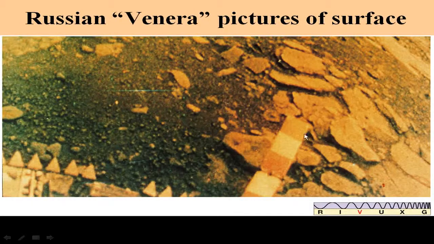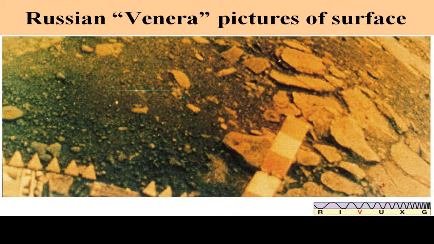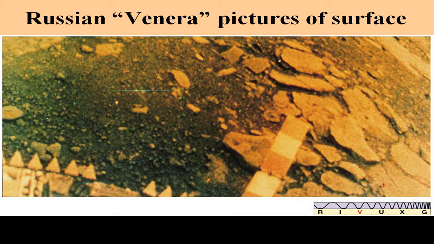They saw that the rocks were flat like plates, these glassy volcanic rocks, and they only took a few pictures before their spacecraft were crushed by the great atmosphere of Venus. So they got a couple of pictures out of it. Here's another look, where you can see the glassy effect of these rocks on the surface of Venus.